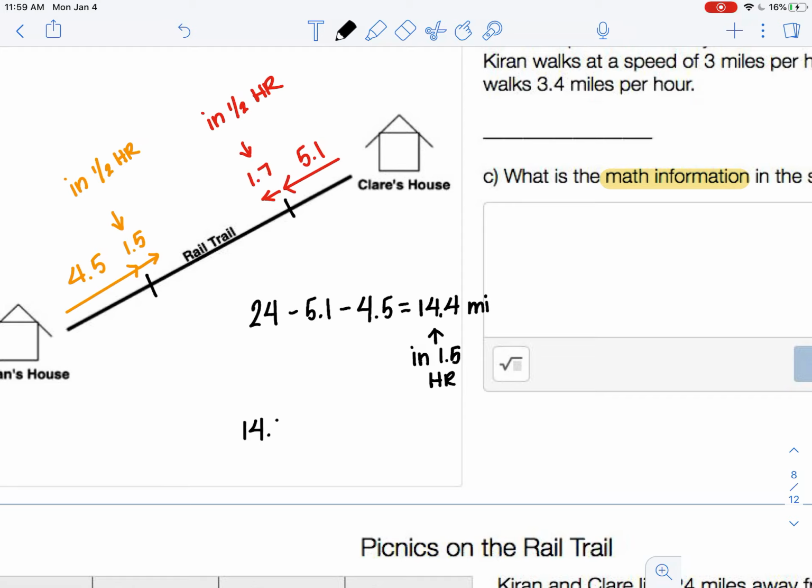And if they travel for another half an hour, Kieran is moving 1.5 miles closer. Claire is moving 1.7 miles closer, which means that we're going to end up at 11.2 miles apart. This time, of course, in 2 hours.